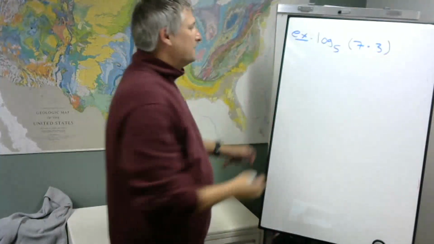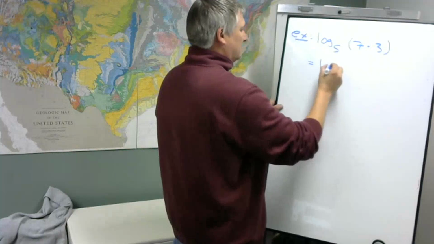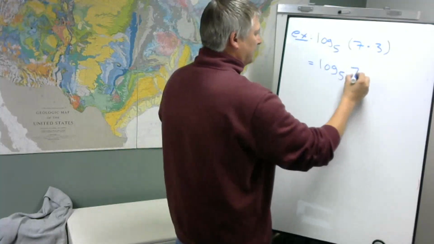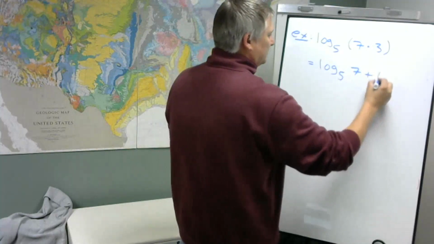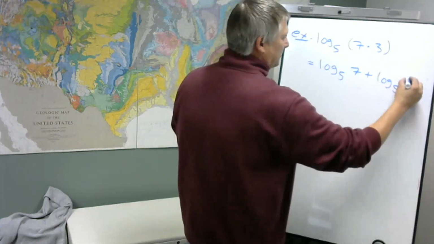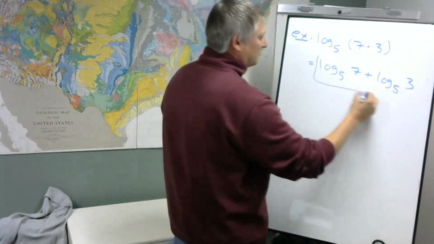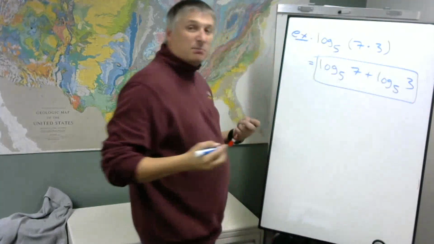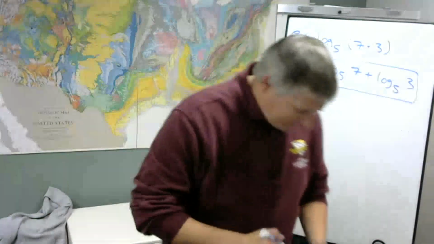Well, we could rewrite this as log base 5 of 7 plus log base 5 of 3. It lets us break things up.